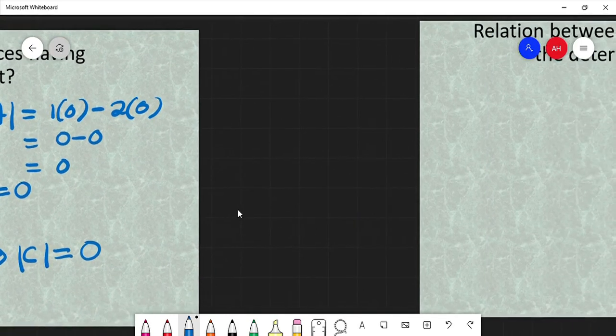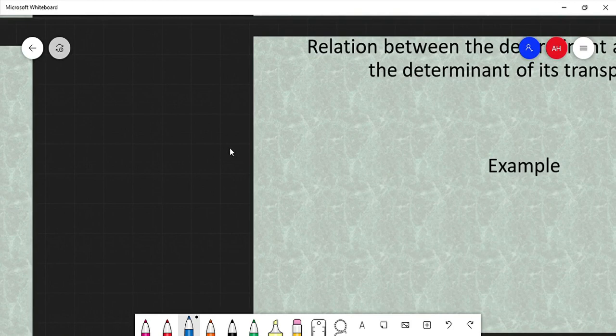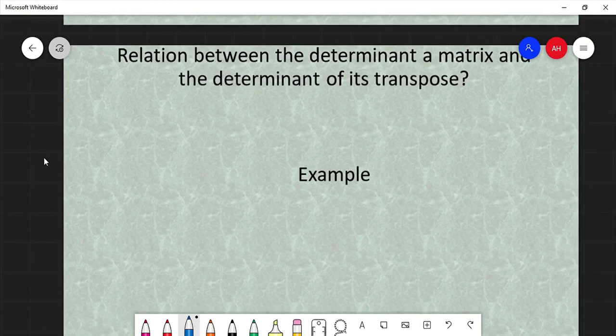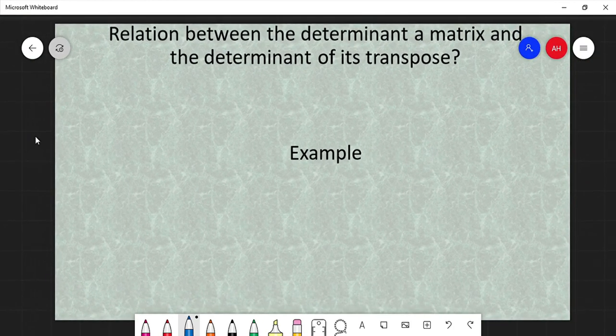There is a relationship between the determinant of a matrix and the determinant of its transpose. I hope you still remember what we mean by a transpose of a matrix.